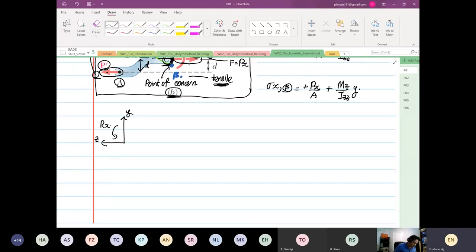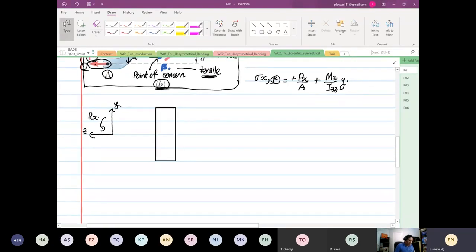For simplicity, our cross-section is rectangular now. At this position over here is the position of our centroid.